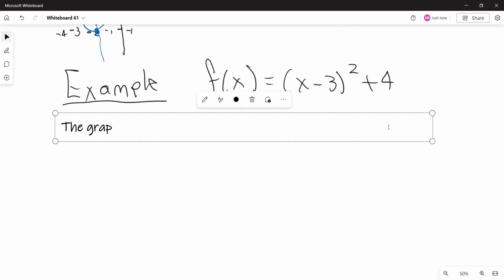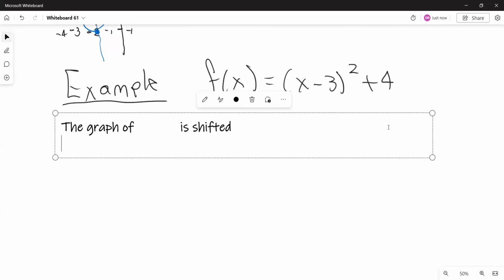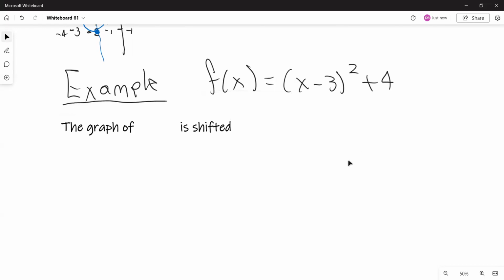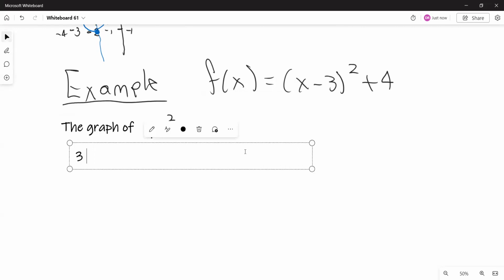So that's going to be the graph of y equals x squared, shifted or translated three units to the right and 4 units upward.